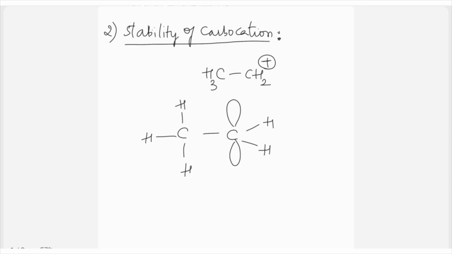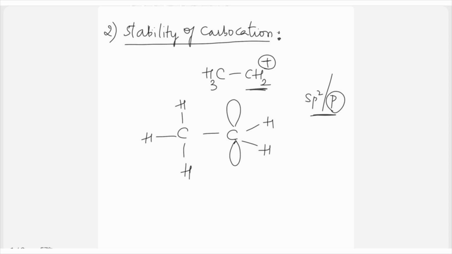An empty p orbital. When we were talking about the condition for hyperconjugation, we said that either there has to be an sp2 carbon or an empty p orbital in hydrogen or oxygen or any species. So here we are considering carbocation with empty p orbital.